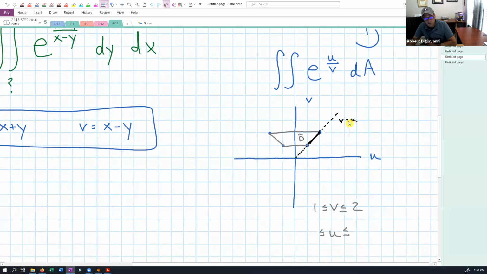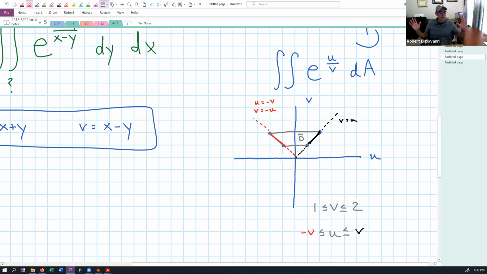So if I solve this for u, I just get v up here. And if we look at the bottom piece here and extend it, this would be like y equals -x, or for us, v equals -u. And if I solve this for u, I get u is -v. So that's my lower limit.